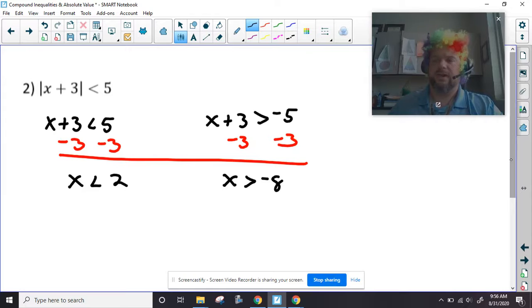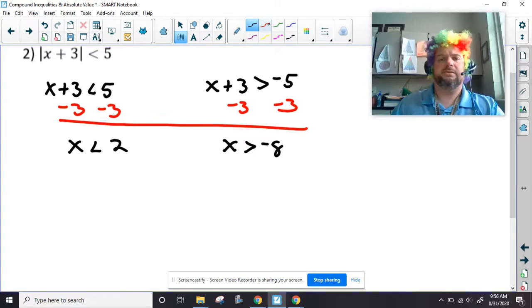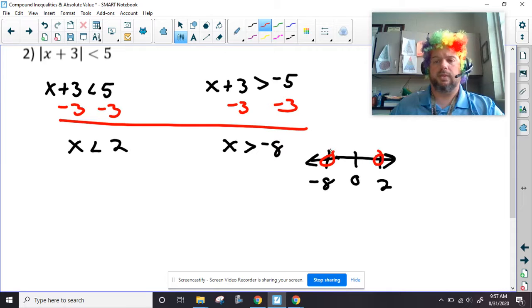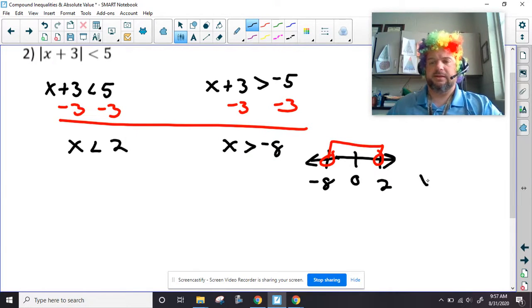So again, graph it, graph it, because it makes more sense. Here's -8, here's 2. I'm just going to put 0 out here because I can. Open circles and shade up and over. So as an inequality, I don't need to write the x first.